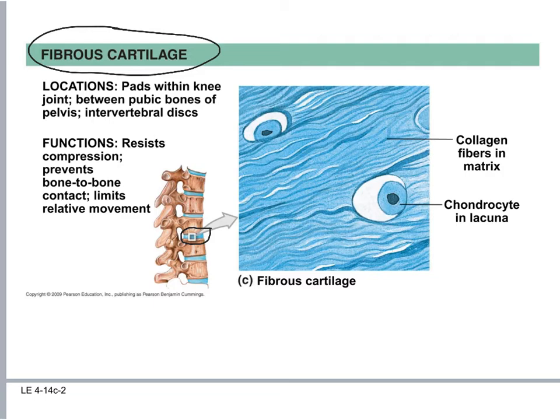It looks like an eyeball. This is the cell right here. It's in what we call a lacunae, its little cave. This is the chondrocyte right there, and it is blue. The cytoplasm's blue, but nonetheless it has a darkly stained cell membrane and a darkly stained nucleus, so it's just a blue eyeball.